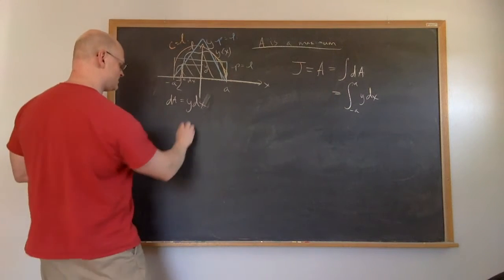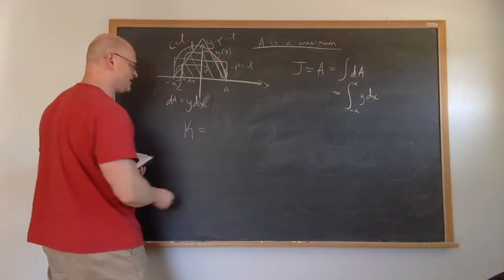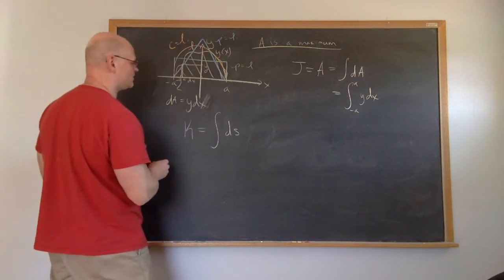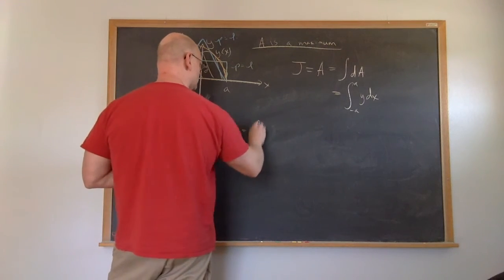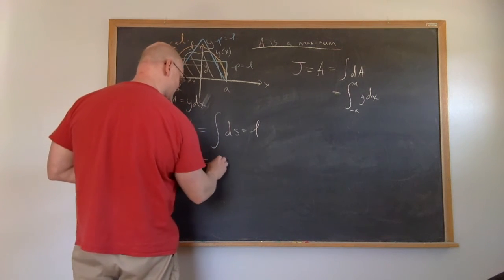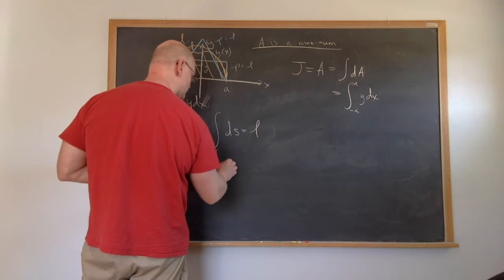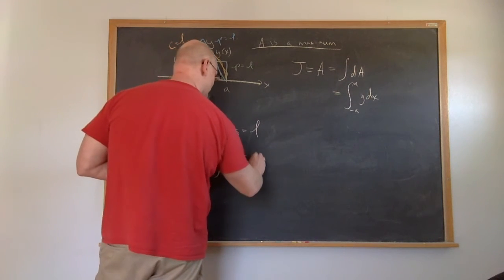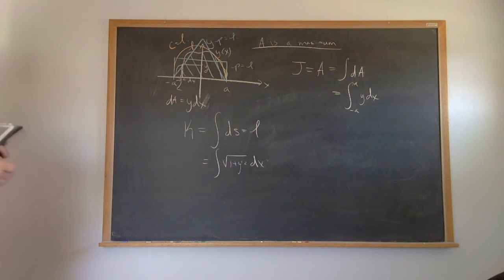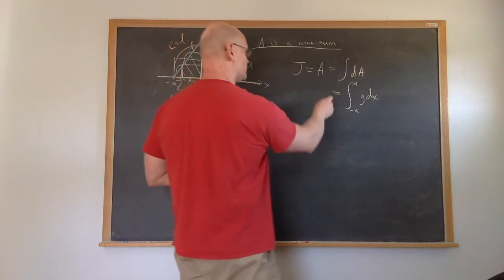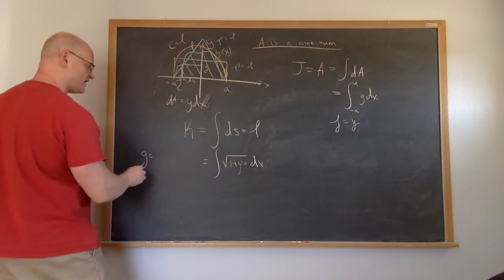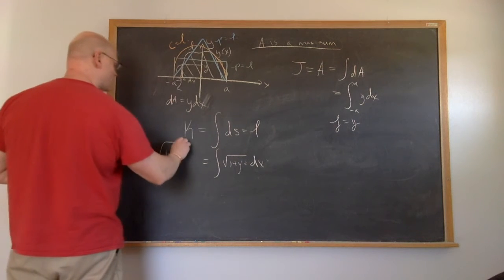But since we have a constraint, our constraint expression is going to be k, which is equal to the integral over the differential length of this thing, which we're going to call ds, and it has to be equal to simply L. Now ds, same thing as before, we know is going to be the integral of the square root of 1 plus y prime squared dx, and this has to be equal to L. So looking at both of these, we can see that f is simply equal to y, and from this one, g is equal to the square root of 1 plus y prime squared.